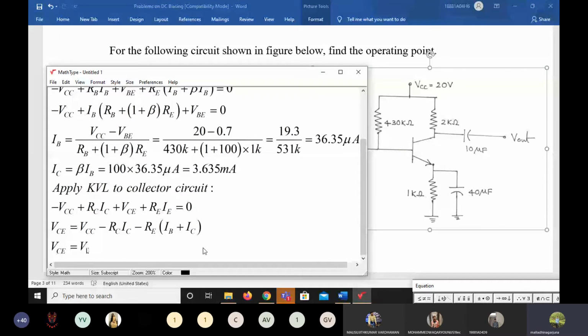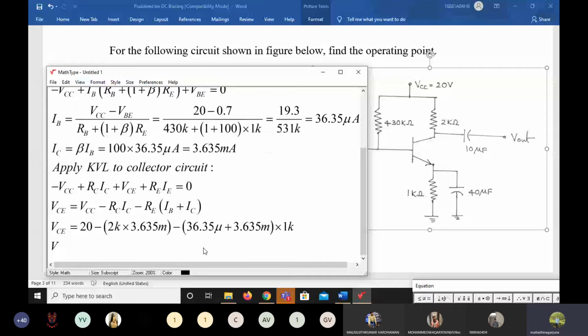Then VCE equals VCC, which is 20, minus RC, which is 2K, into IC, 3.635 milli, minus RE, which is 1K, into 36.35 micro plus 3.635 milli.